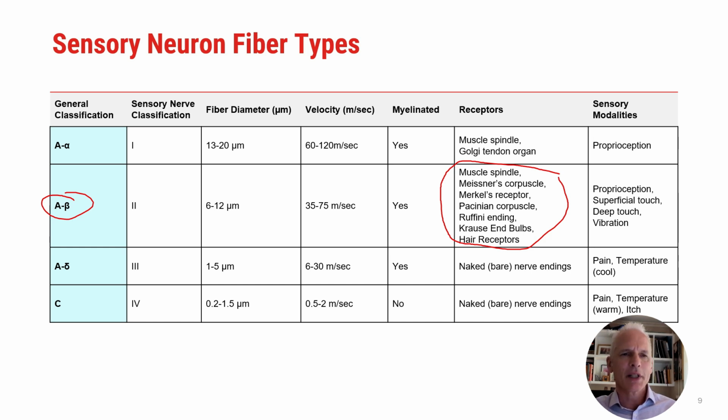Now, there are some muscle spindles which are also attached to the A beta fibers, but what I want to highlight is that the Meissner corpuscles, the Merkel cells, the Pacinian and Ruffini corpuscles, Krause end bulbs, and something called your hair receptors are also on the A beta fiber. So primarily most of your sensory receptors are attached to those medium speed fibers.